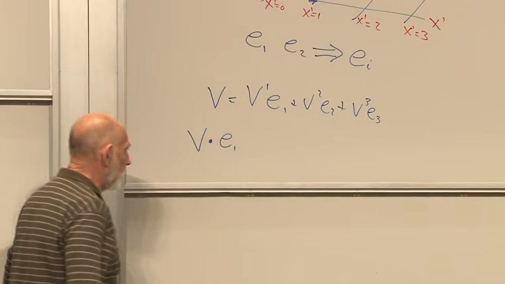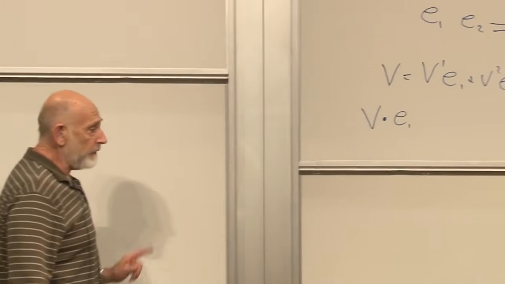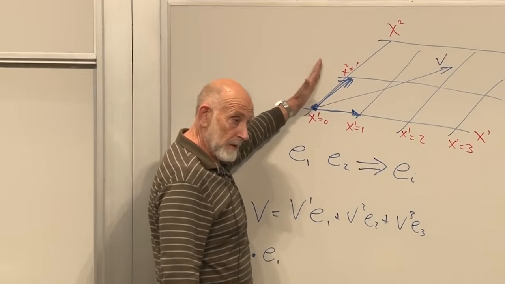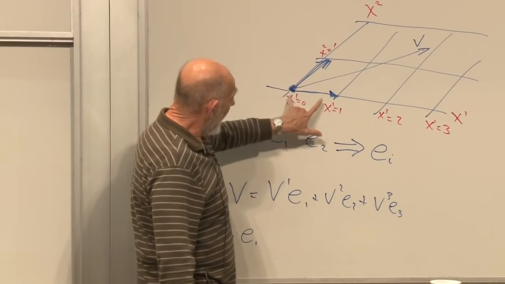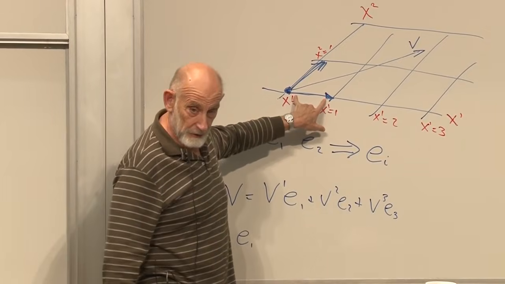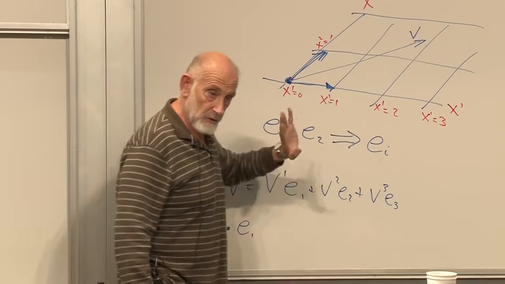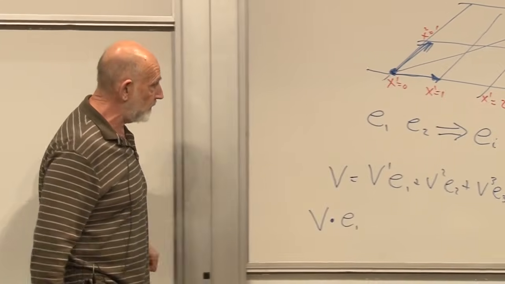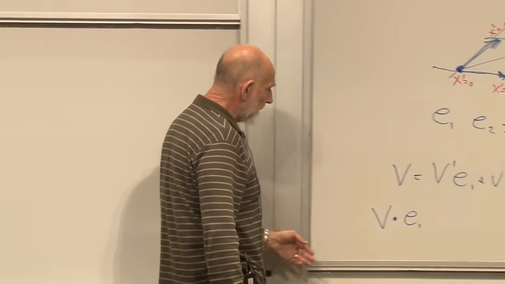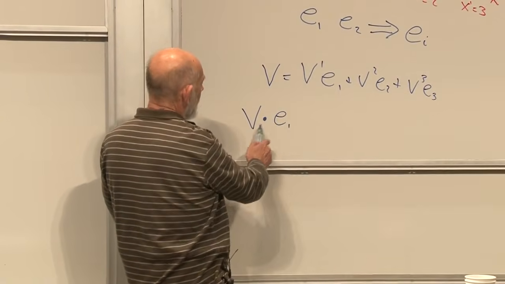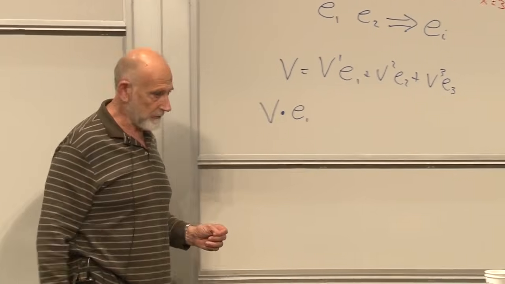Let's start with E1. Now, if we were just using conventional Cartesian coordinates perpendicular to each other, and if these really were unit vectors, if the distance representing each coordinate separation here was 1 unit of whatever the units we're dealing with, then these coefficients here would be the same as these dot products.